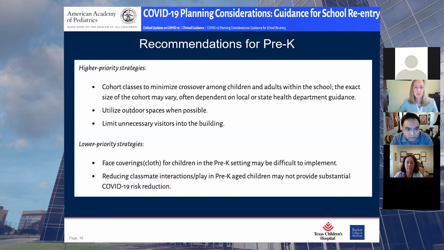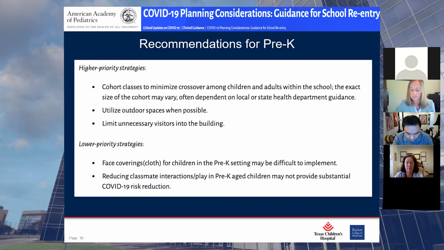So briefly, I just want to run through some of the recommendations from the American Academy of Pediatrics that highlighted different strategies for different age groups, so age-stratified approaches. For the pre-K age group, the relative impact of physical distancing is likely to be small, and it's going to be difficult to implement.